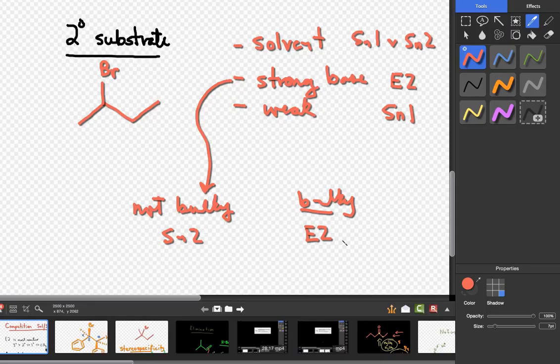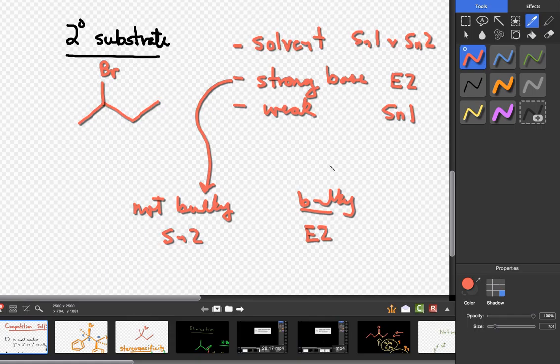Is it bulky or non-bulky? This will help me determine if it's going to be an E2 or an SN2. If it favors SN2, you also want to look at the solvent system. Remember, polar protic will favor SN1. And the reason it favors SN1 is that it decreases nucleophile strength. Nucleophile strength has no impact on an SN1 reaction.